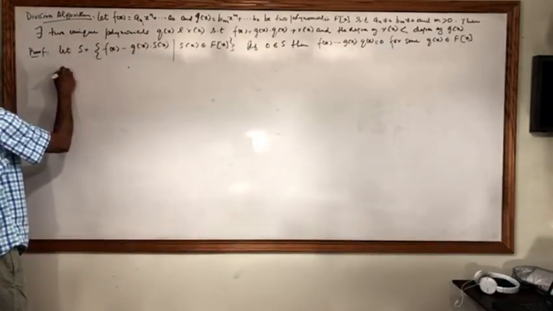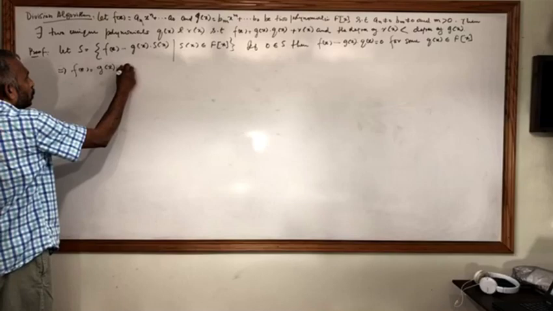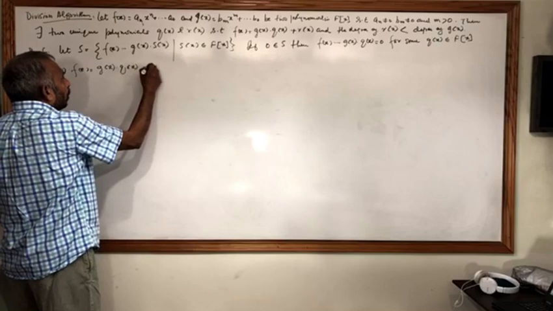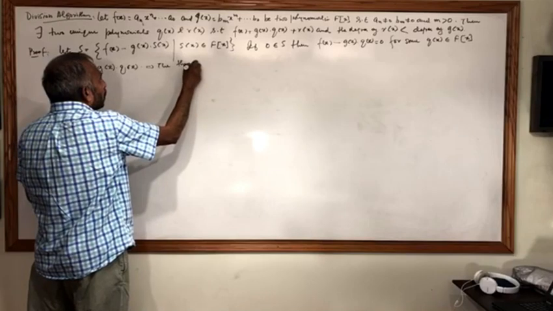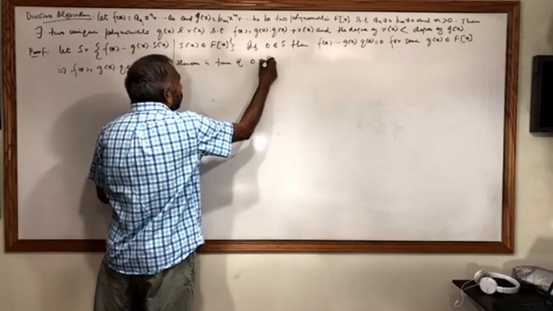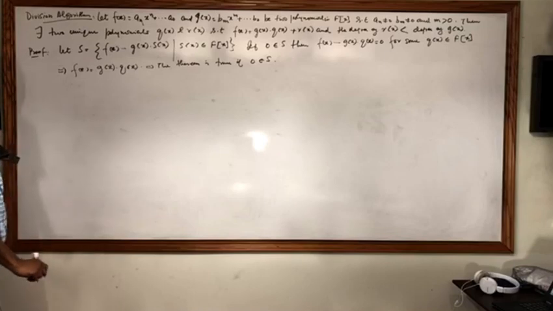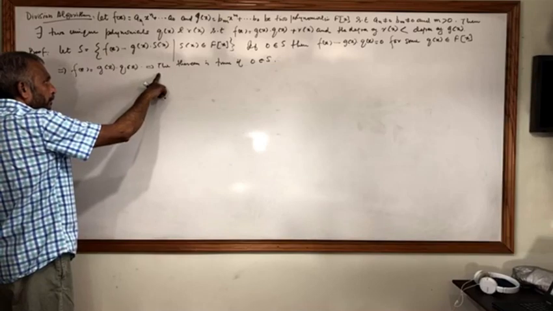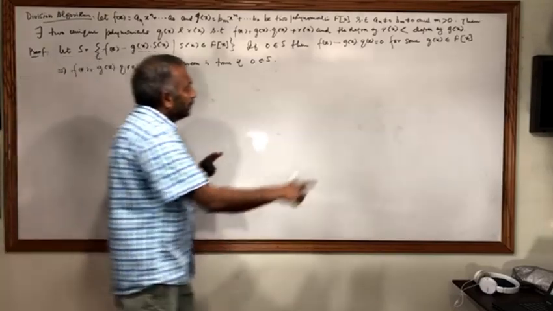And that implies f of x equal to g of x times q of x. So that means the theorem is true if 0 belongs to S. r of x is equal to 0 there. And r of x equal to 0 means the degree of r of x is strictly less than the degree of g of x, because m is greater than 0.